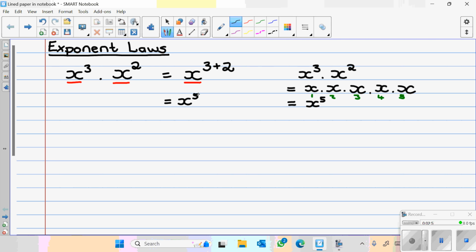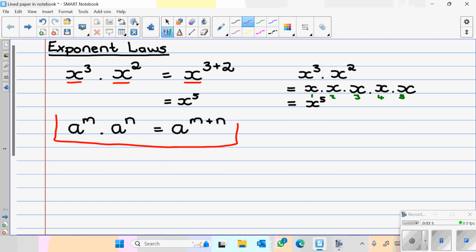So let's remember, the law actually states a to the power m times a to the power of n is equal to a to the power of m plus n. This is the official law.